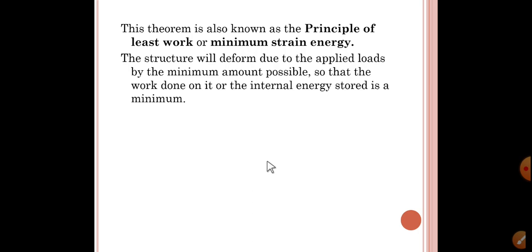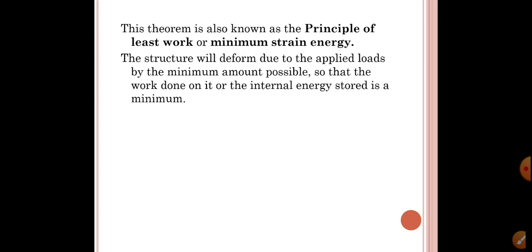Means we have 6 types of beam. First one is simply supported, second one is cantilever, and third one is overhang. These 3 beams are determinate beams, as we know, and determinate beams use Castigliano's first theorem for finding out the slope and deflection.